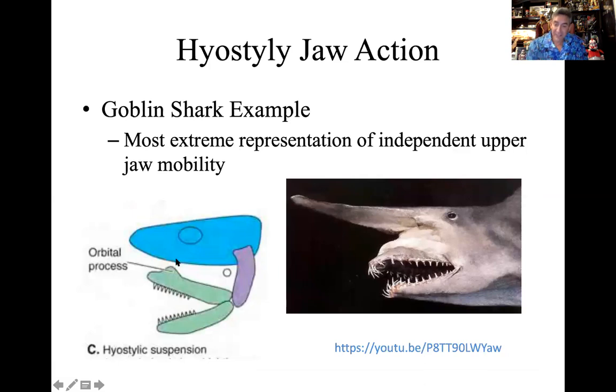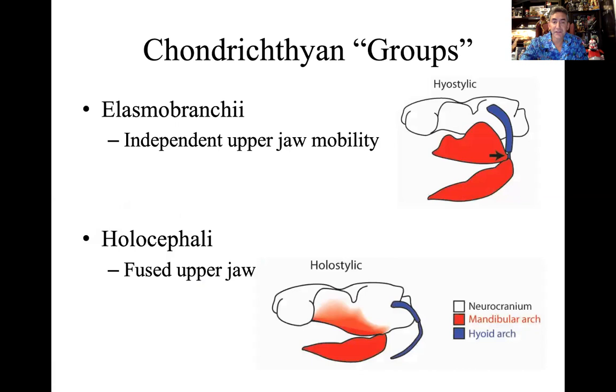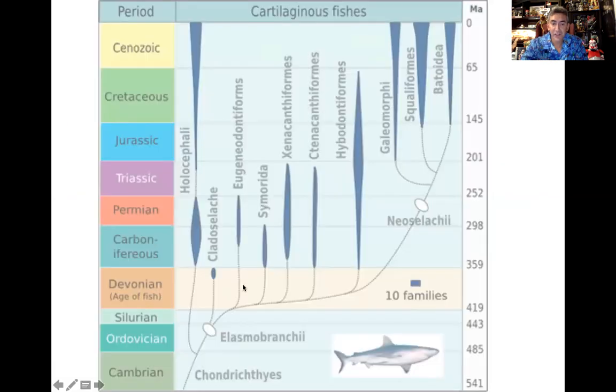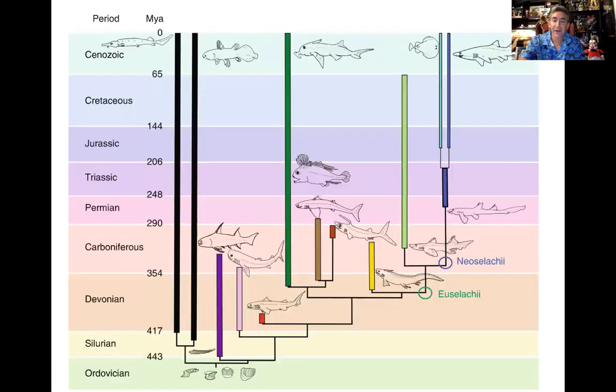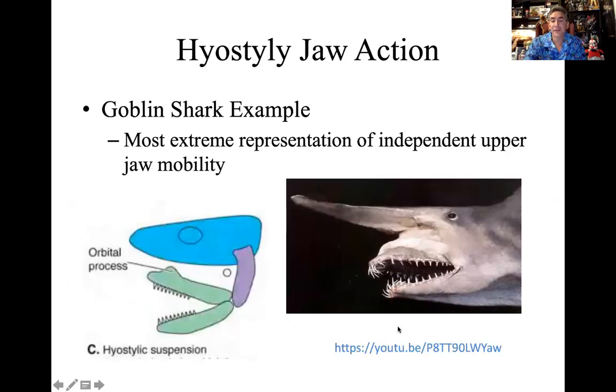All of that lineage, all of this elasmobranch lineage has this flexibility, right? It is not fused. However, the goblin shark takes it to the most extreme. It's the most loose jaw, and it's the most rapid acting jaw as well. So very fast and an extreme amount of flexibility there. Again, the great white shark, the hammerhead shark, those also have the same type of jaw, but it's not quite as dramatic.